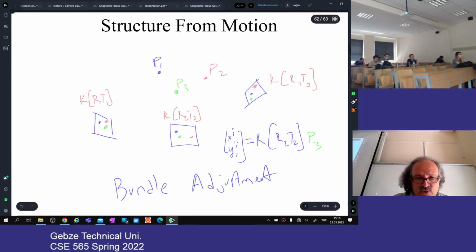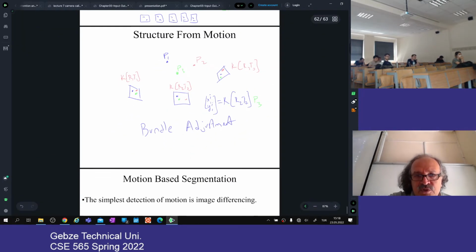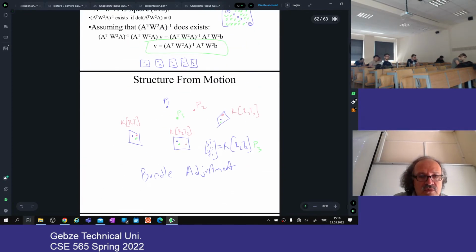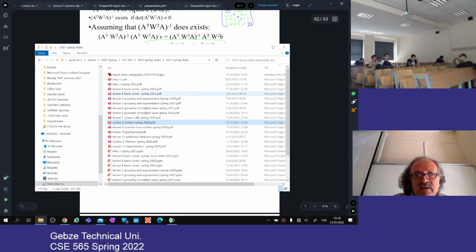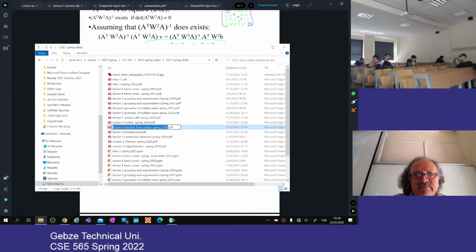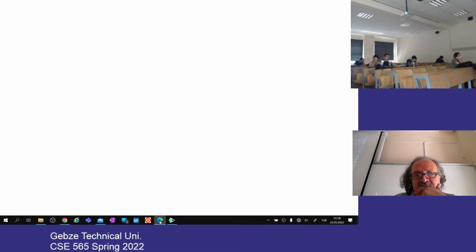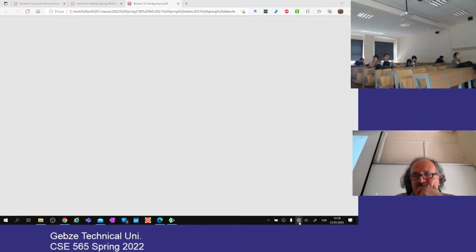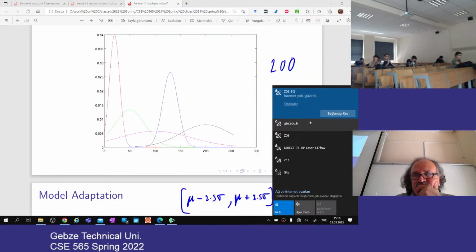Before I show you that, let me show you structure from motion. There was a nice example somewhere. I am not connected to internet.